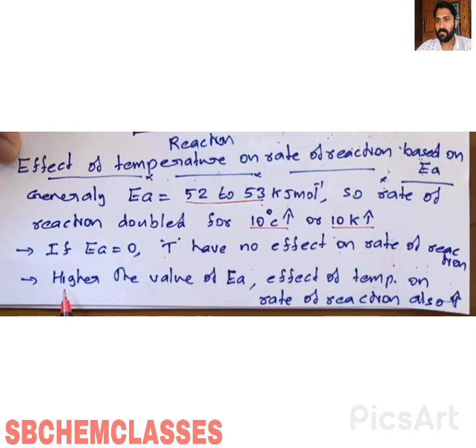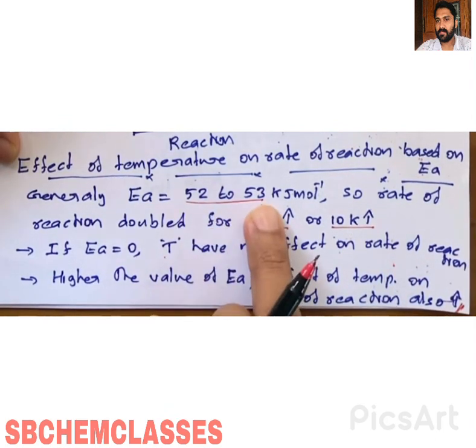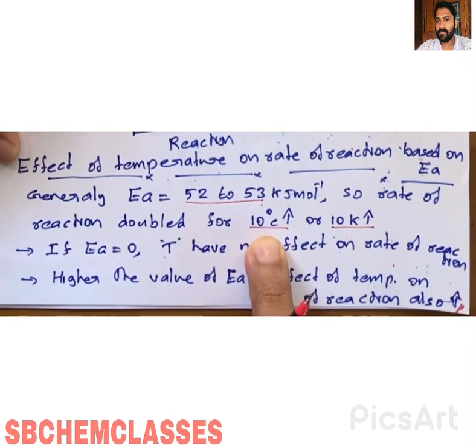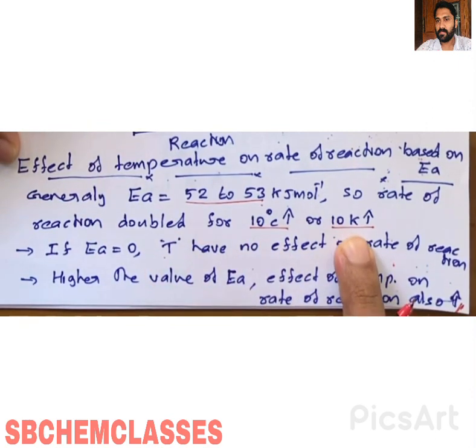Another statement: the higher the value of Ea for a reaction, the more the effect of temperature on the rate of reaction. If Ea equals 0, temperature has no effect. If Ea equals 52 to 53 kilojoule per mole, rate will be doubled for every 10 degrees Celsius increase or 10 Kelvin increase.